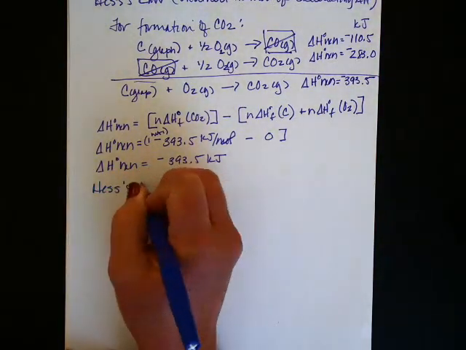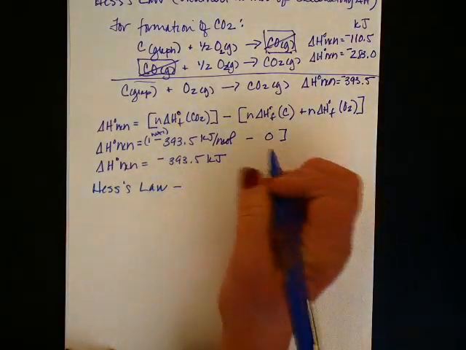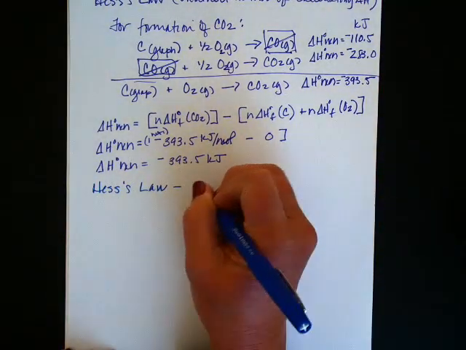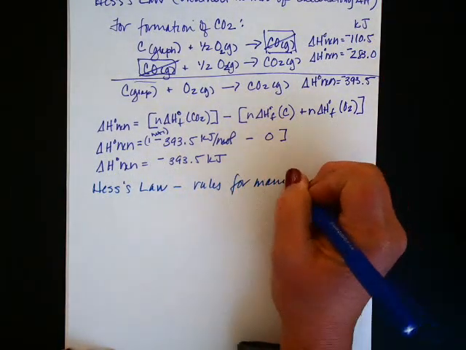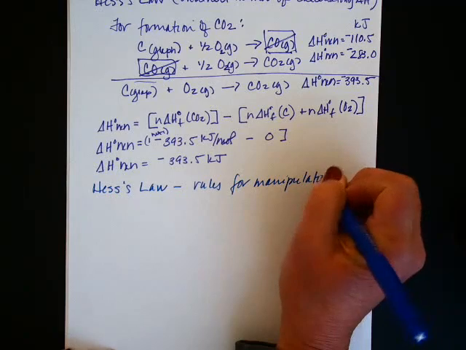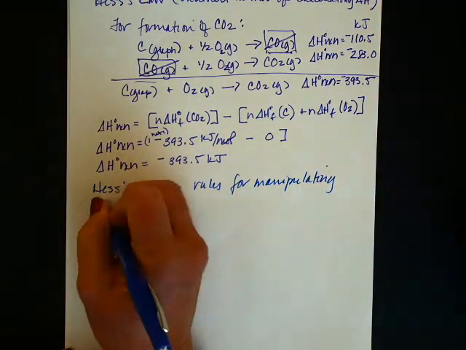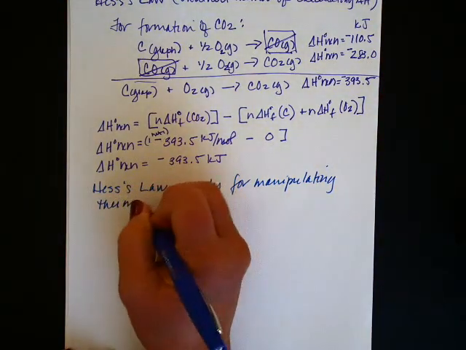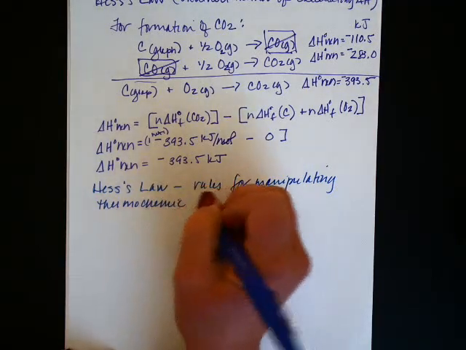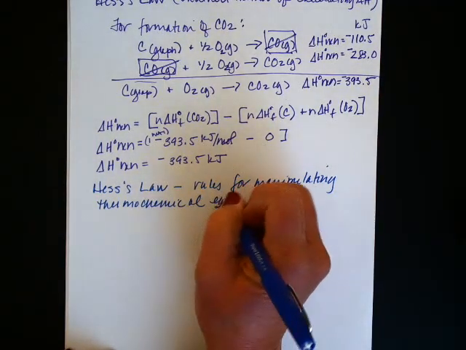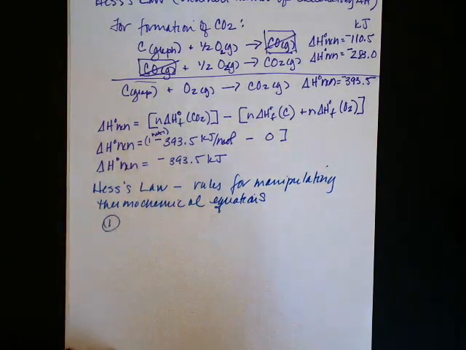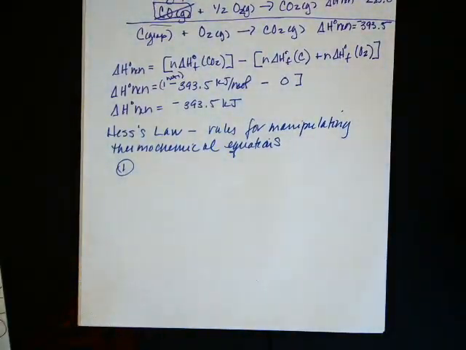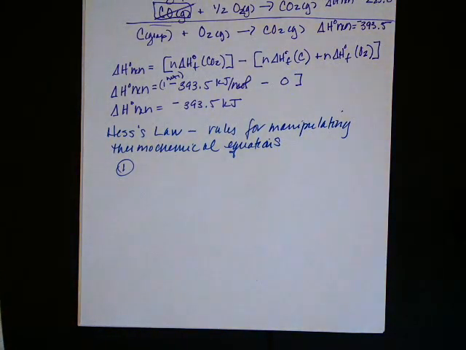So Hess's law and rules. We're manipulating those thermochemical equations. We haven't seen an example of this yet, but we will in a few minutes as we work some more of these problems.